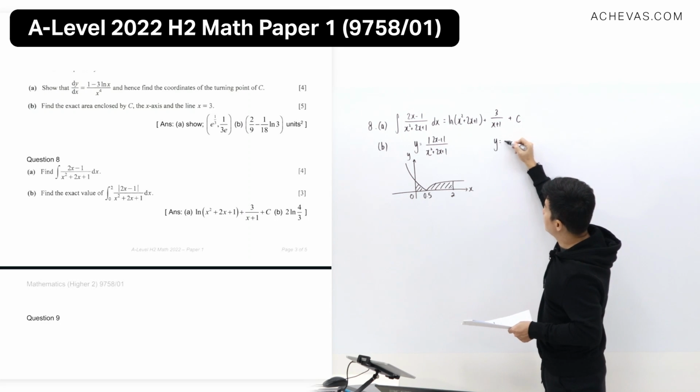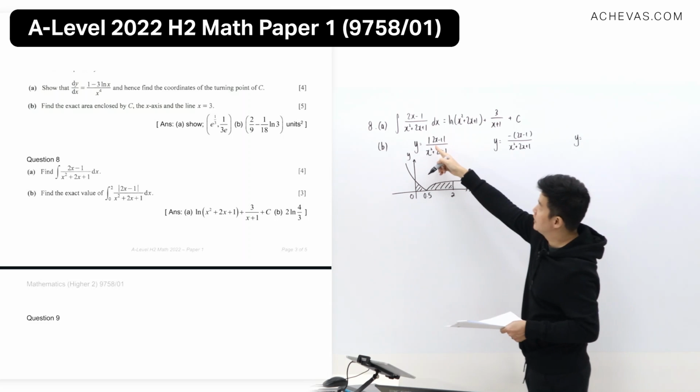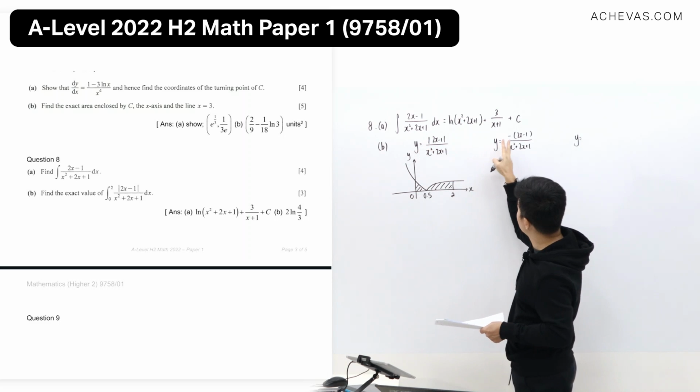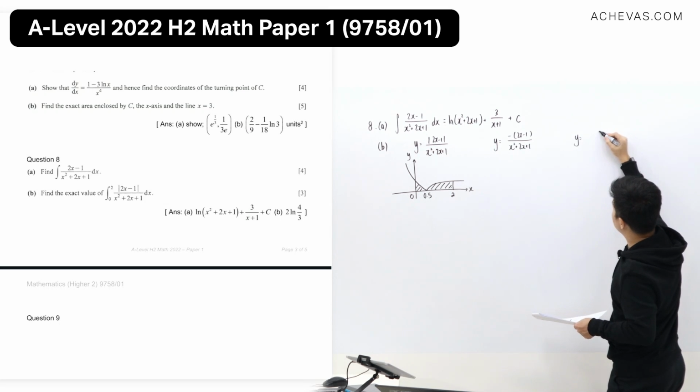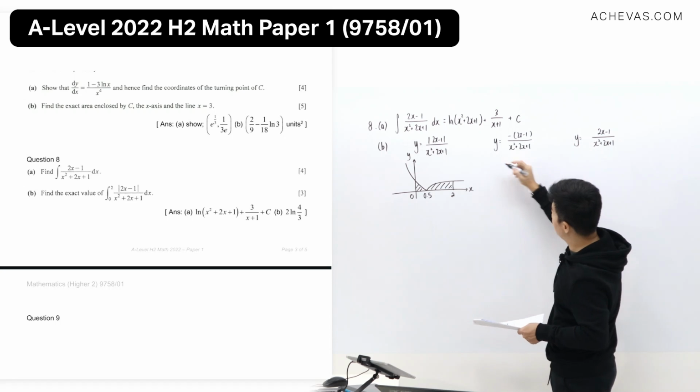One will be y equals minus (2x - 1) over (x² + 2x + 1). And the other one will be removing this modulus, replacing it by plus or minus with a minus. So the other one is going to be plus (2x - 1) over (x² + 2x + 1). Let us take a look at the two graphs, one for this, the other one for this.